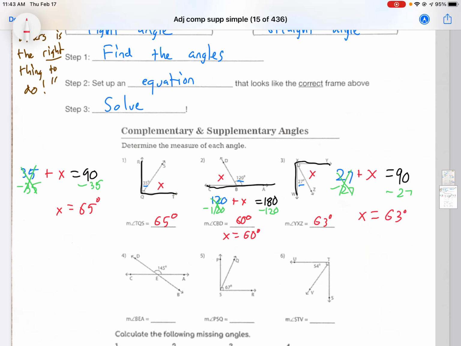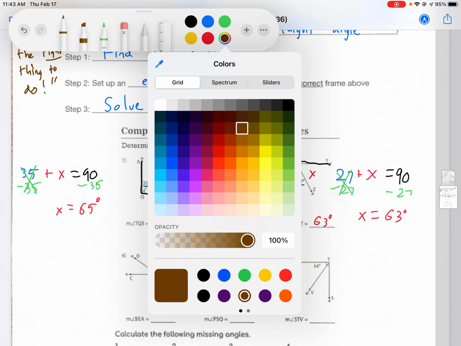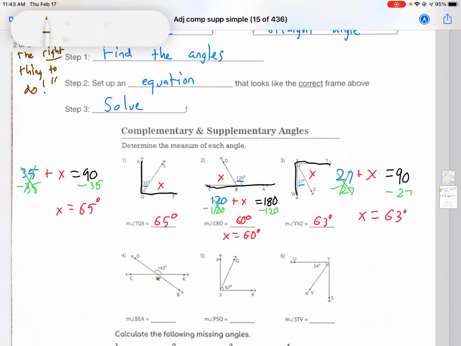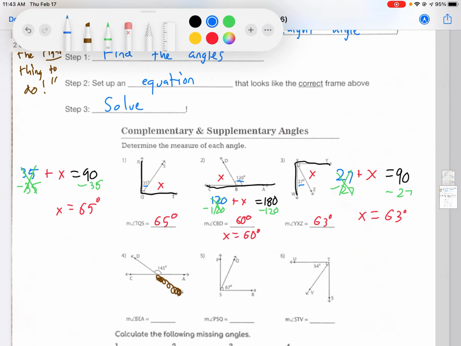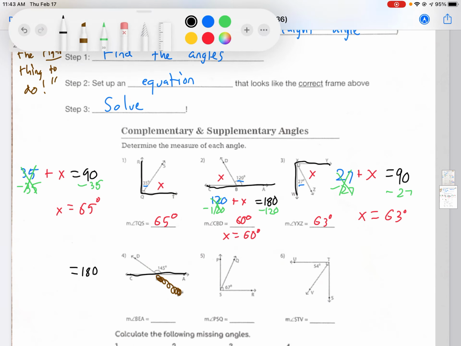And last one, I wanted to do number 4 because it looks a bit weird. There is a bit of extra information that's meant to confuse you. But if I cross this stuff out, it looks the exact same as number 2, except with a different number. And that's what I want to do for as many of these as I can, just make the whole thing simpler. Let's see. So I have a straight angle. I know my equation is going to have equals 180.